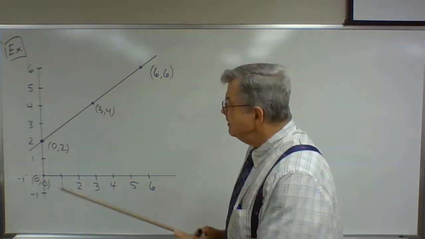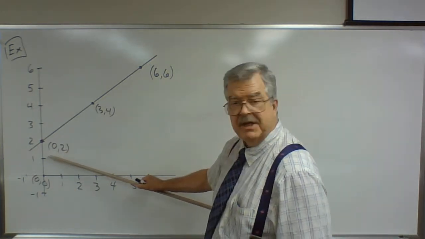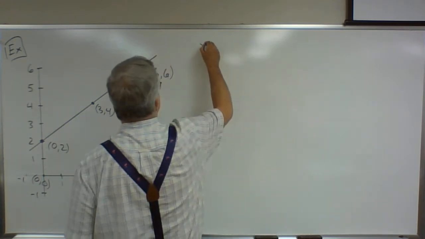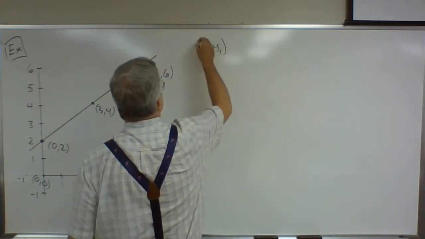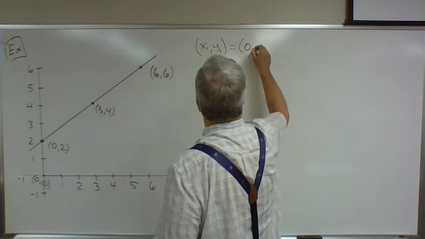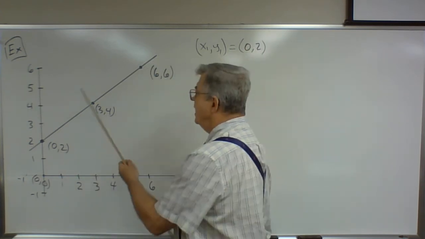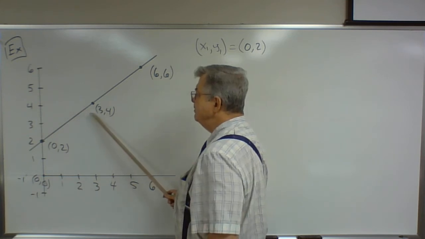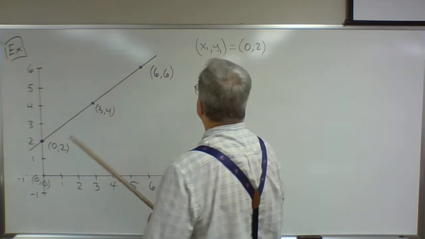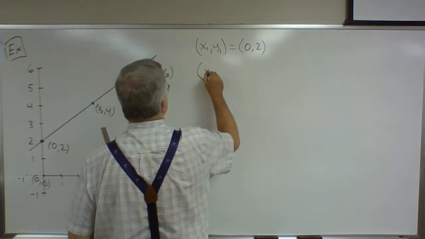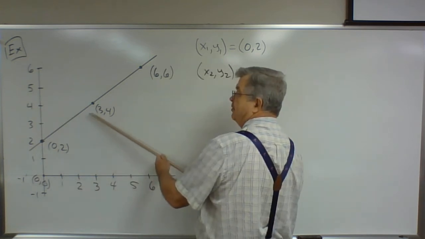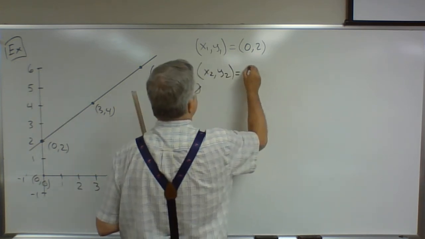And let's have this point be x1, y1, so x1, y1 is the point 0, 2. And let's have this point be x2, y2, so the point x2, y2 will be the point 3, 4.